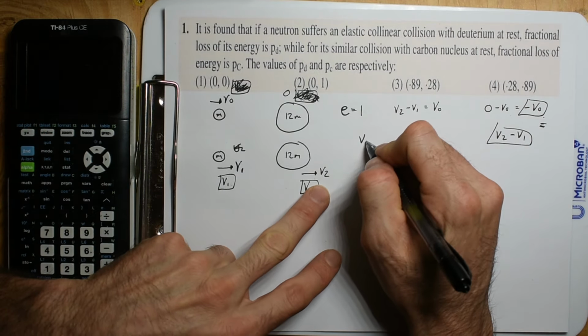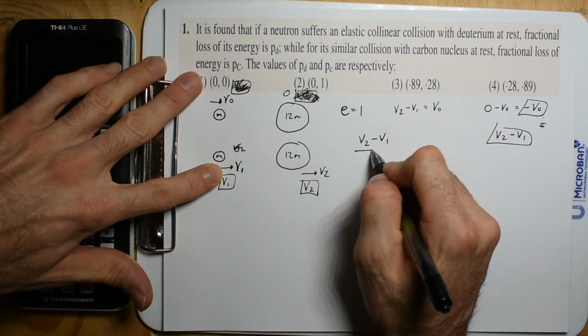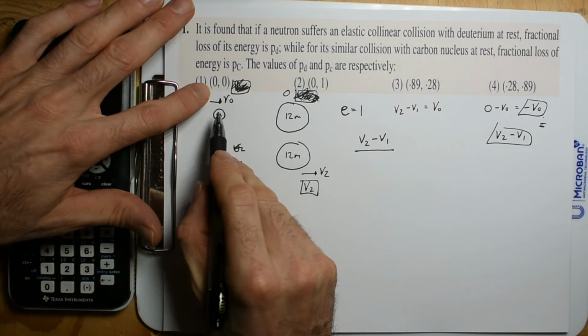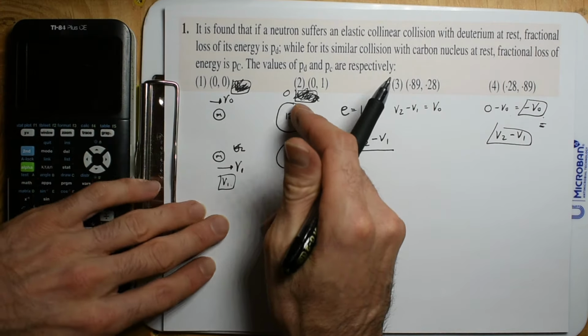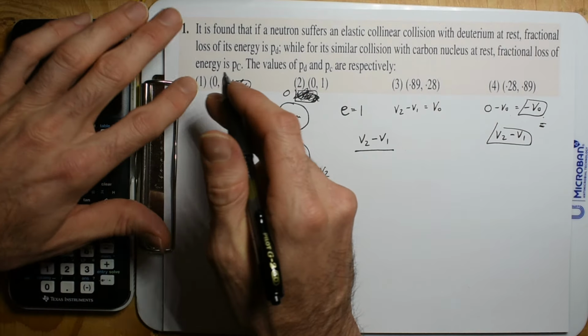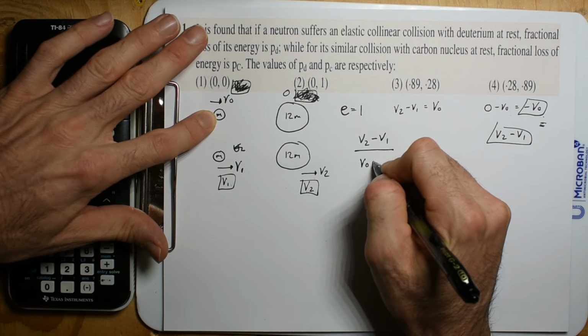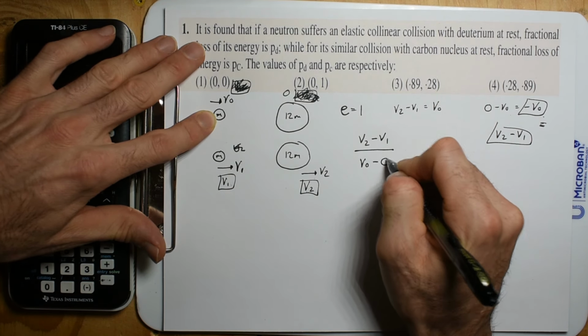The equation basically says the final velocities, so we would have v2 minus v1. And then you would divide by not the initial u2 minus u1, but it would be this minus this. It would be the opposite, v0 minus 0.